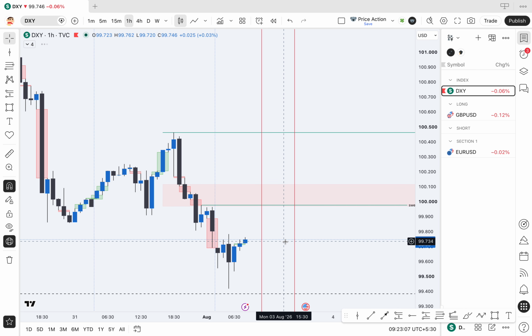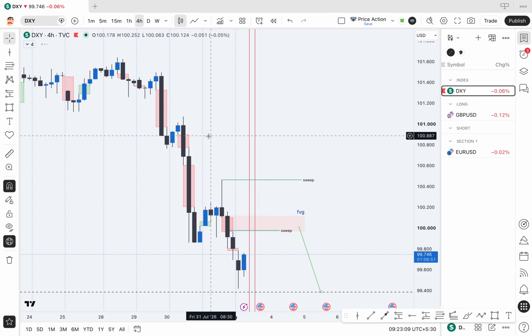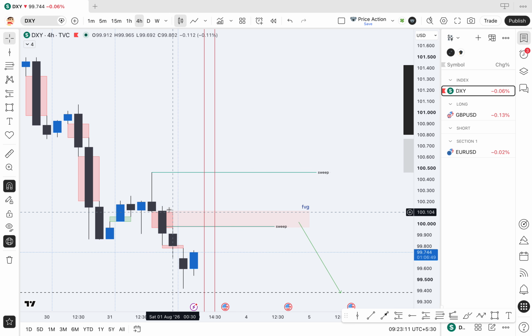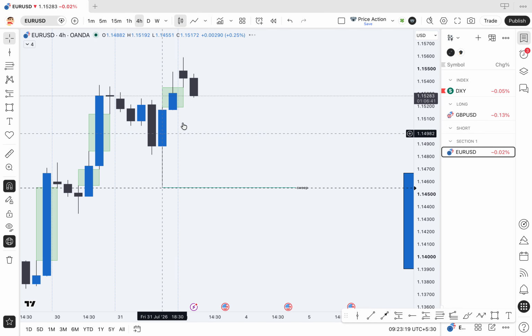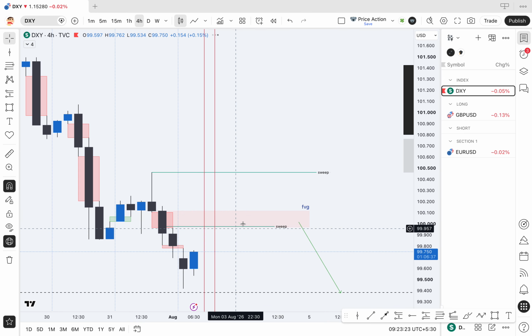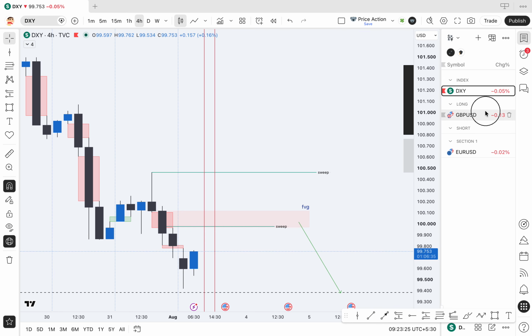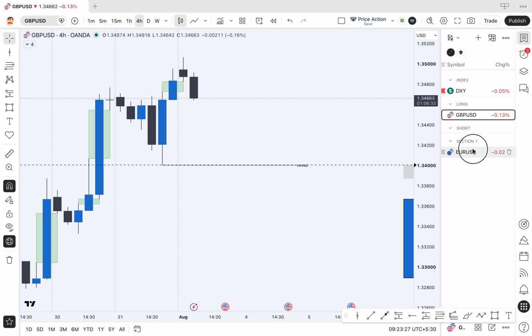If you look at DXY, the difference was that in DXY we had a bearish fair value gap from which we could take a trade. But in GU and in EU we don't have any bullish fair value gap. So there is no zone. The only thing we have in common is this swing point from all these 3 points.